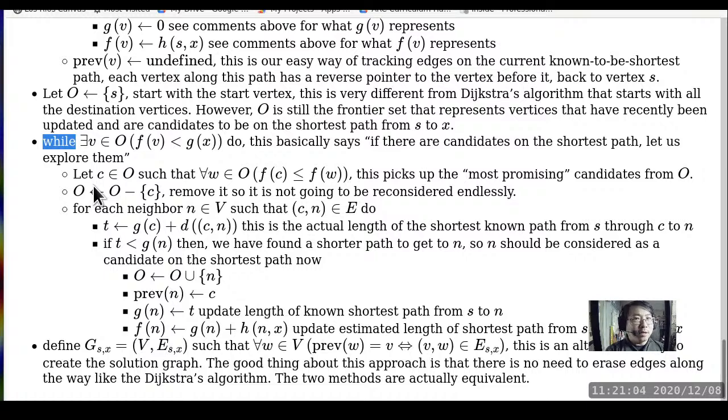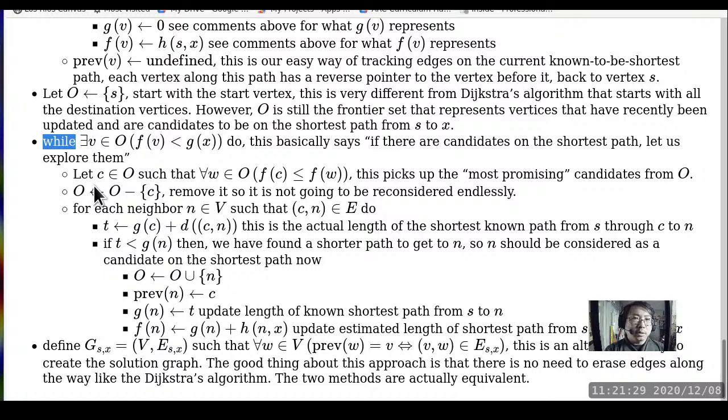An optimistic algorithm just says, I'm going to pick whatever is the most promising and explore that first. They prioritize whatever is the most promising. Dijkstra's algorithm is like that, and so is A star. They just have slightly different criteria when it comes to what is considered the most promising choice.